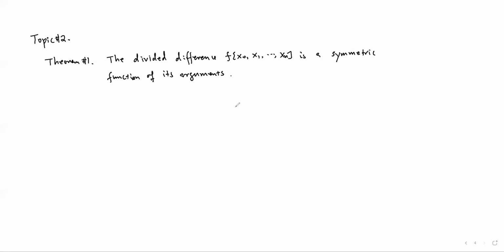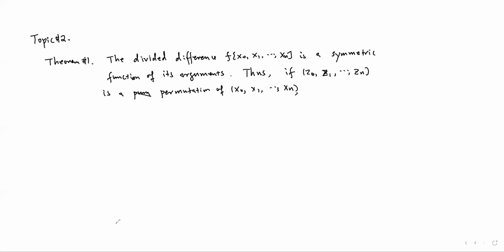That is, if c0, c1, cn is a permutation of x0, x1, xn.